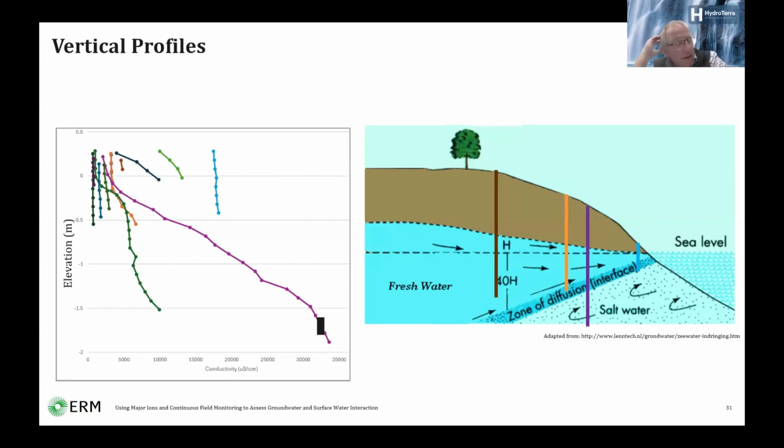I might just add one thing there. I've done some work around Mildura and those areas, and sometimes you'll have hypersaline brines that will enter into your well and they basically sink to the bottom.